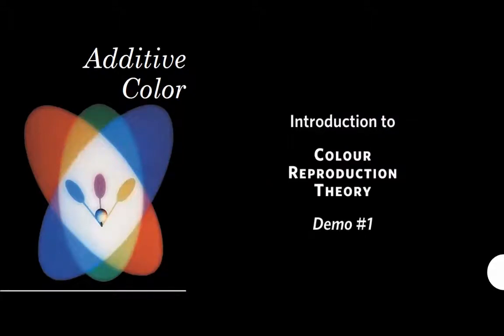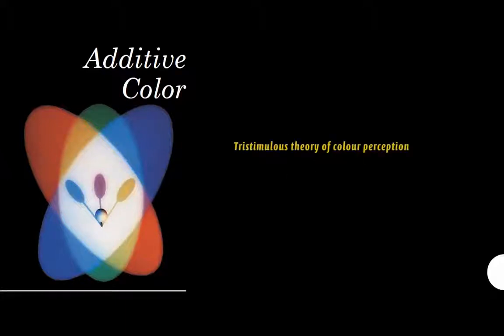This is the first of 3 demonstrations designed to help students understand the tri-stimulus theory of color perception. Whilst this theory forms the basis of color reproduction technology in photography, film, television, and printing, it is by no means the complete story of how color perception works.